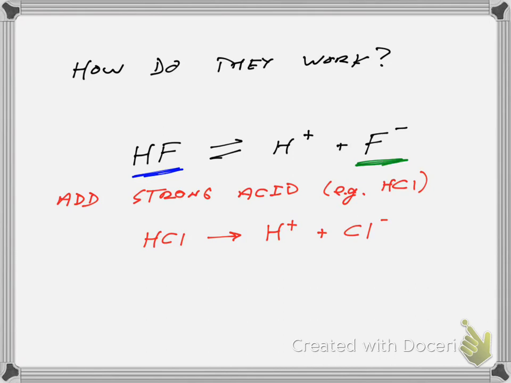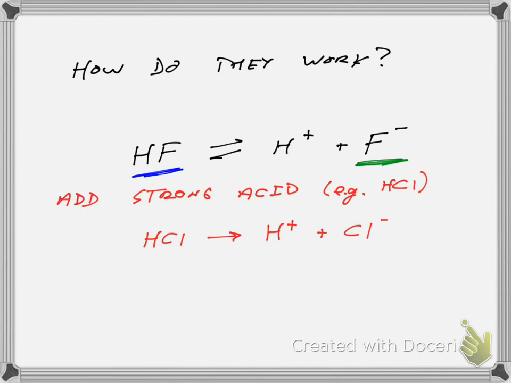Well, if there's just the HF solution, there's very small concentrations of H plus and F minus, and so you're just going to be dumping a whole bunch of H plus ions into the solution, and we'd expect the pH to drop dramatically, right? Because the H plus concentration is going to increase so dramatically.